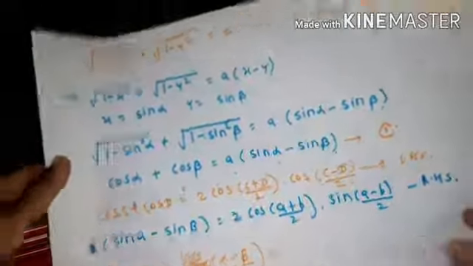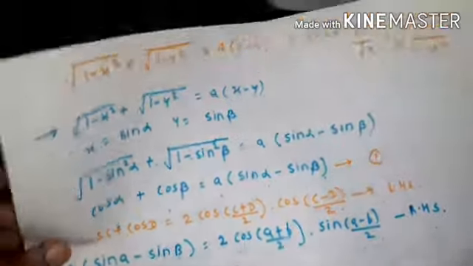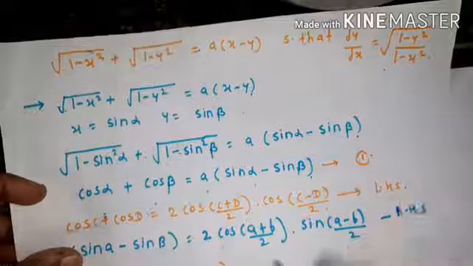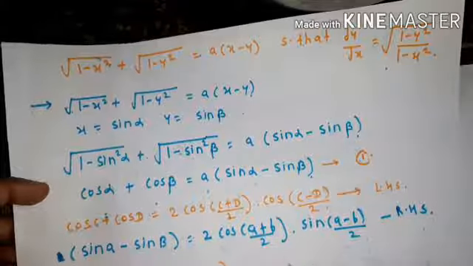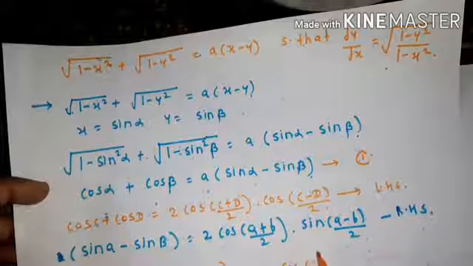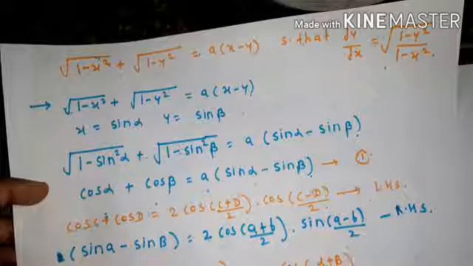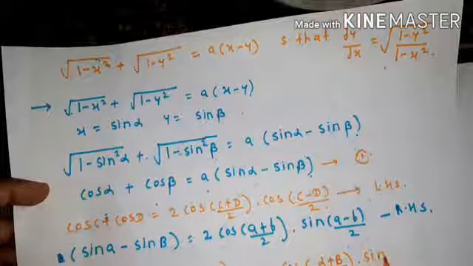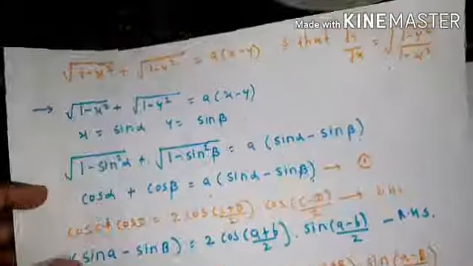This is equal to 2a cos of (alpha plus beta) upon 2 into sine of (alpha minus beta) upon 2. Okay.